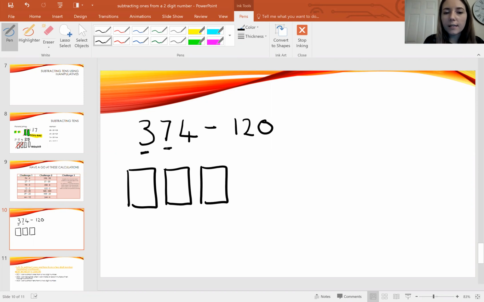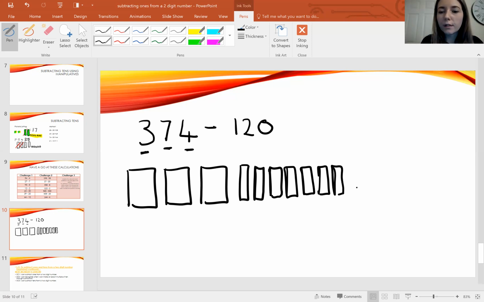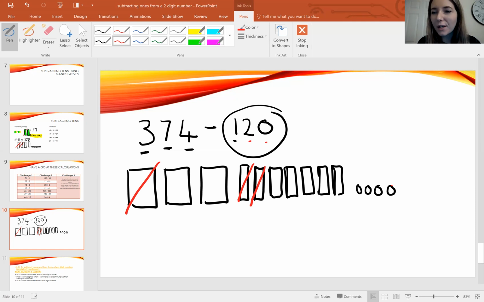Then I'm going to draw my 7 tens. 1, 2, 3, 4, 5, 6, 7. And then I'll draw my 4 ones. 1, 2, 3, 4. Okay. Now I need to look at what I'm subtracting in my subtrahend. So I've got 100 to take away. I've got 2 tens I need to take away. And 0 ones, so I'm going to leave the ones alone.